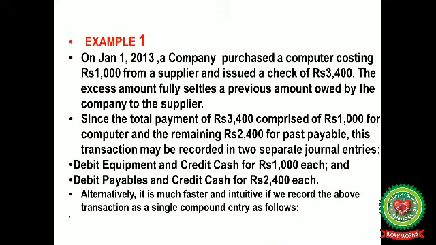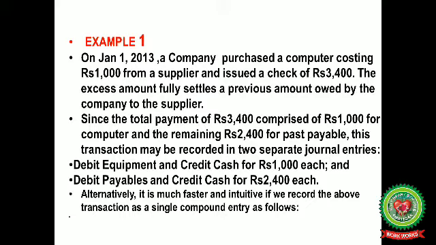Then, for example, on January 1, 2013, a company purchased a computer costing rupees 1000 from a supplier and issued a check of rupees 3400. The excess amount fully settles a previous amount owed by the company to the supplier. So one amount, 1000, is for the current issue and 2400 for a previous issue.